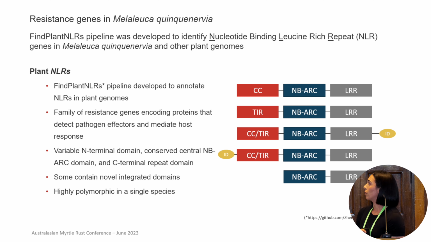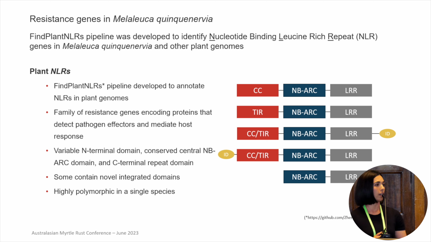Again, not going into too much detail here, but part of the work in the genome manuscript is that we are looking for resistance genes, and one of those families of resistance genes is the nucleotide binding leucine-rich repeat genes.